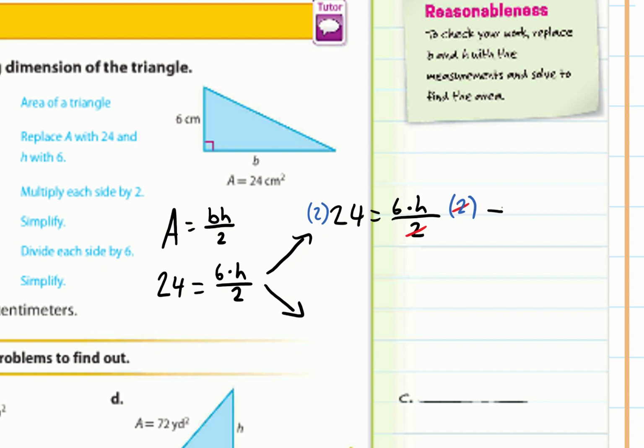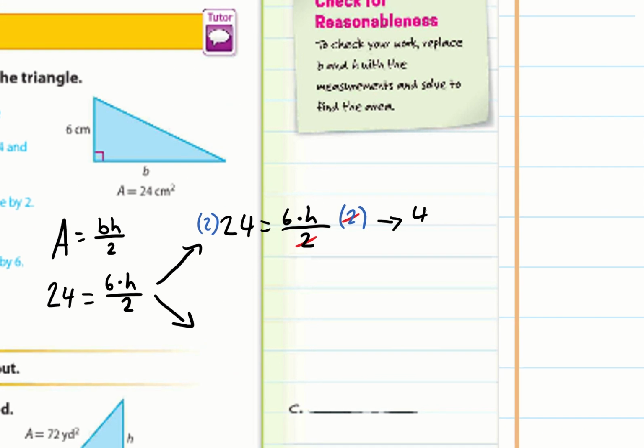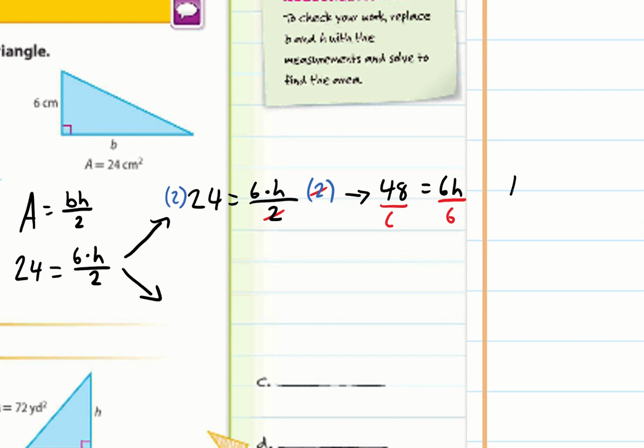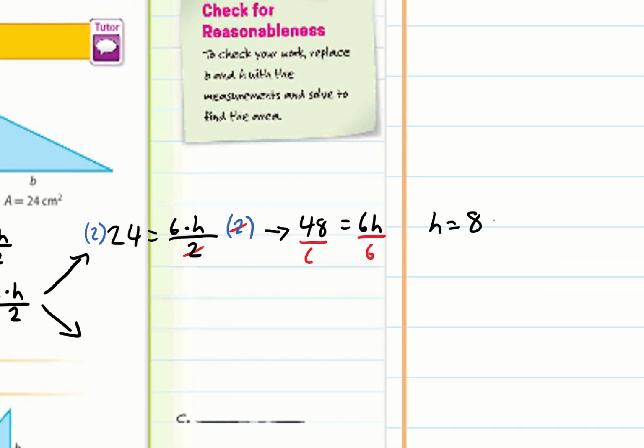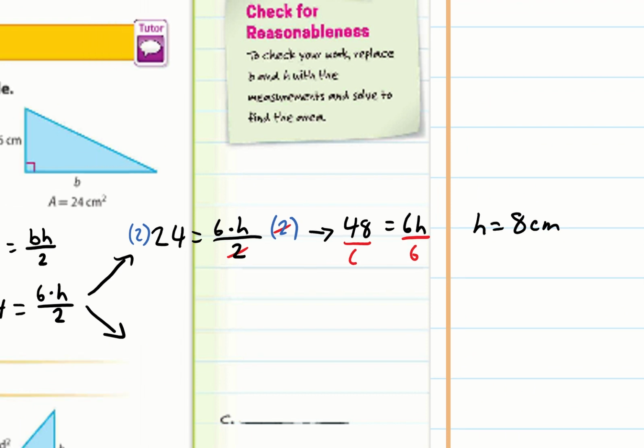So now I have 24 times 2, which is 48, equals 6h. And now that I'm multiplying by 6, I'm going to divide by 6 on each side. I'm going to get h equals 8. So my height is 8 centimeters.